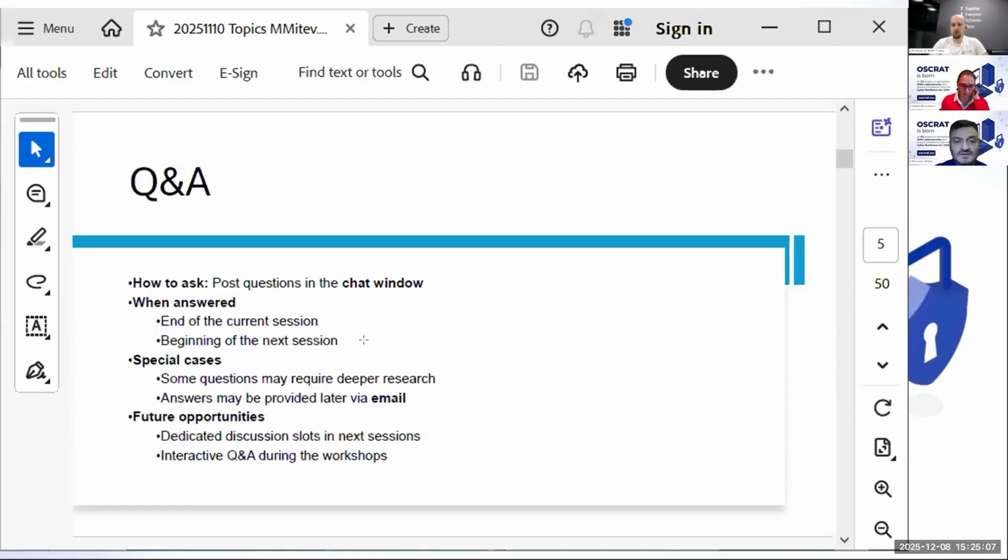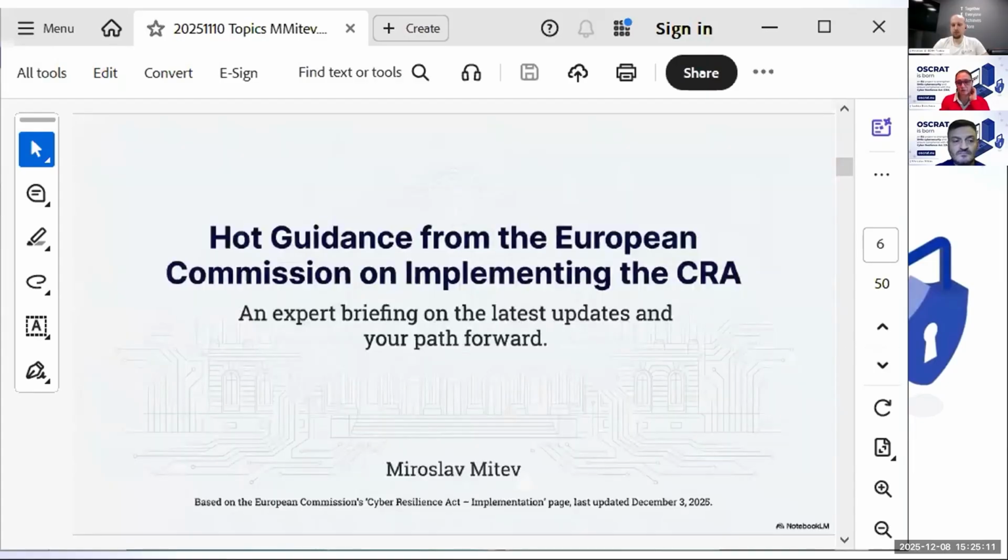We can start with the first topic for today. So I will start with the latest guidance from the European Commission on the Cyber Resilience Act.